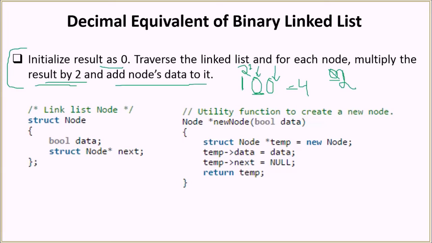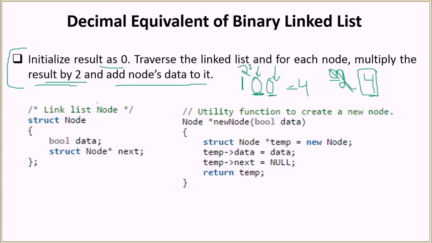Then we add the node's data, it remains 2. Then we come here, multiply it by 2 again, so it becomes 4. We add the node's data and it remains 4. And 4 is our answer. So we are following the same approach which we generally follow to convert a binary number to a decimal number.